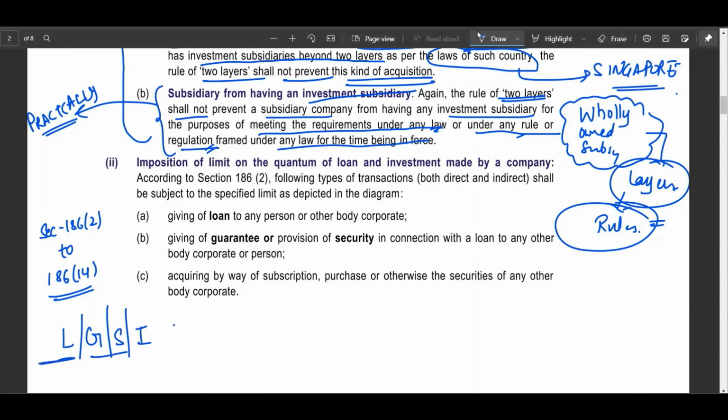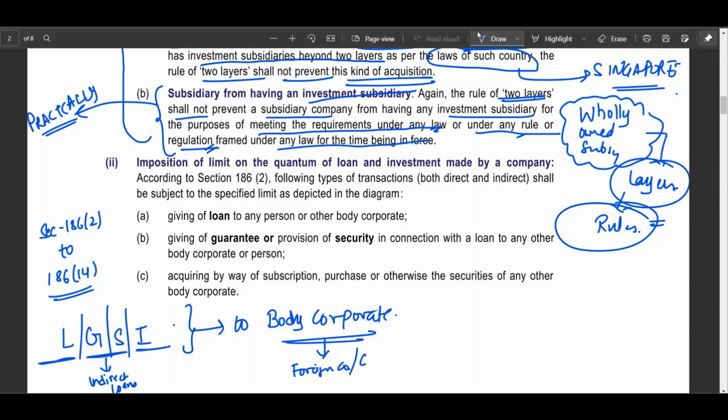Loans, guarantees, and securities are indirect loans, and investments, to body corporate. Remember, body corporate also includes foreign companies.